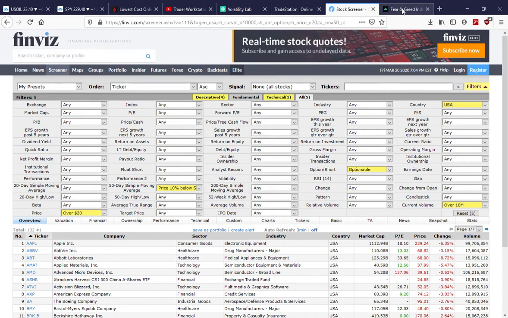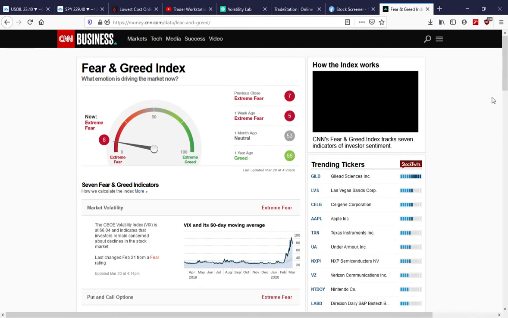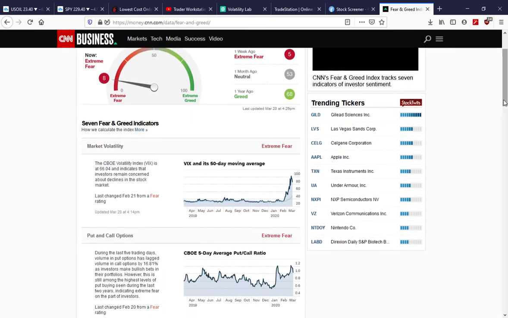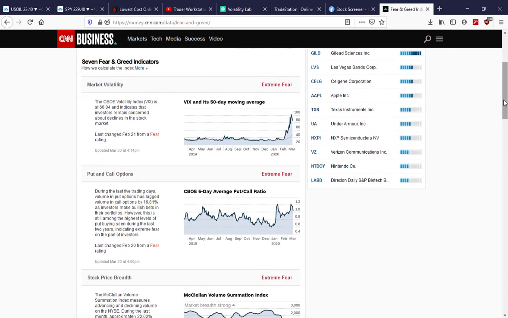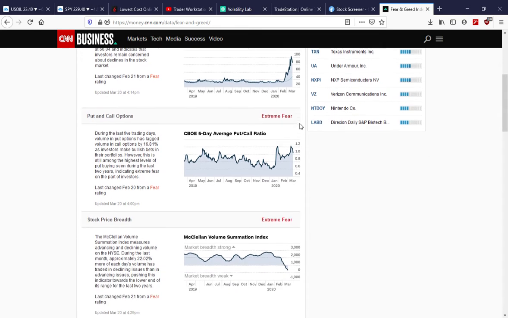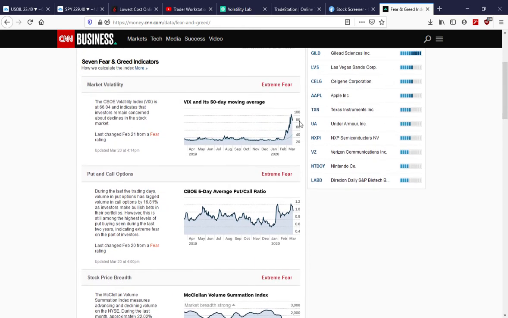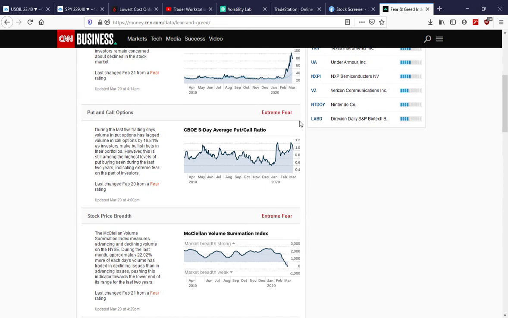And real quick, last of all, just this one, a handy one to look at at a glance. You can see the most important metrics of the market in one place here. So the VIX is obviously turning off a bit, off the top. It's reached extremely high levels due to the virus, of course.